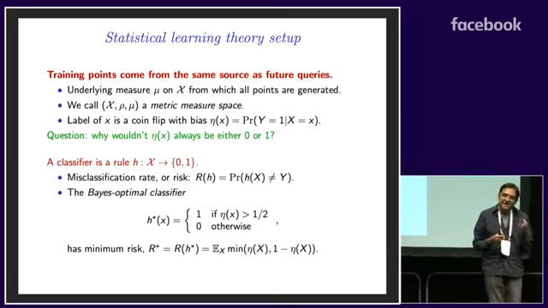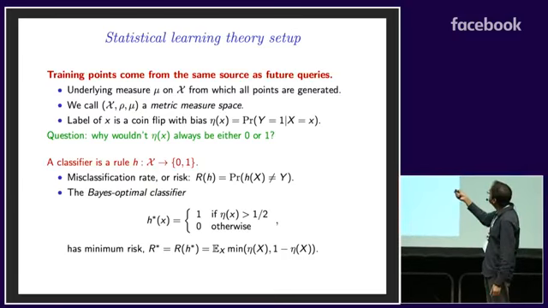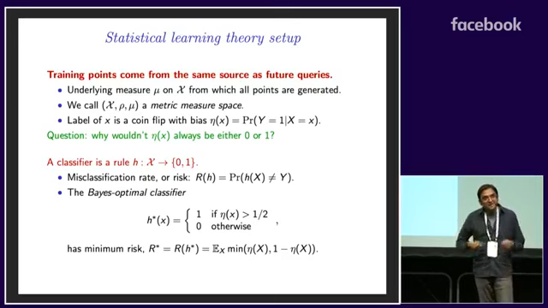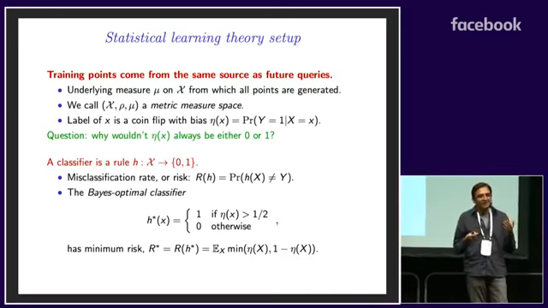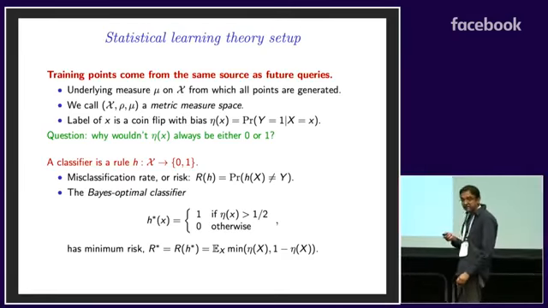So the case of a stochastic eta, this stochastic conditional probability, is an important case. A lot of the work has been interested in getting this right, and that's why it's built into the statistical learning framework.